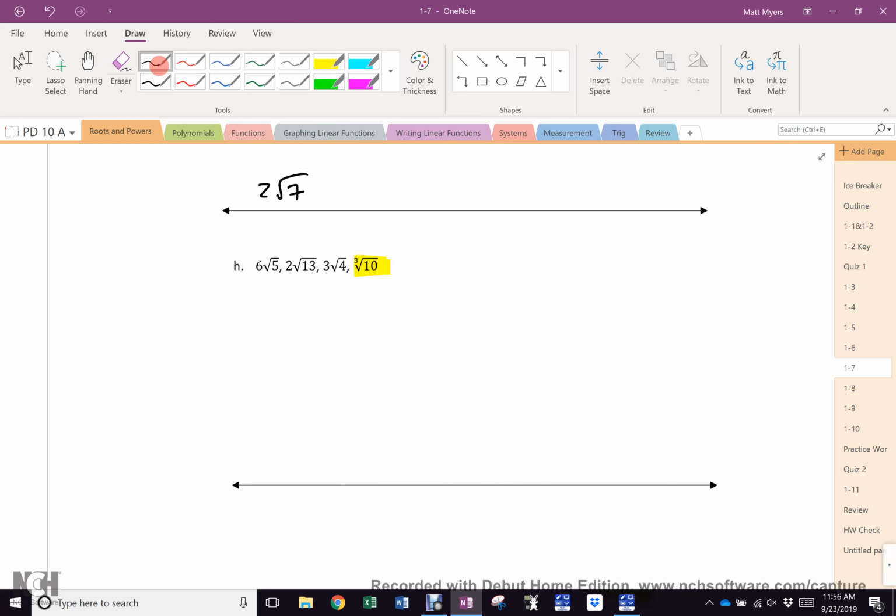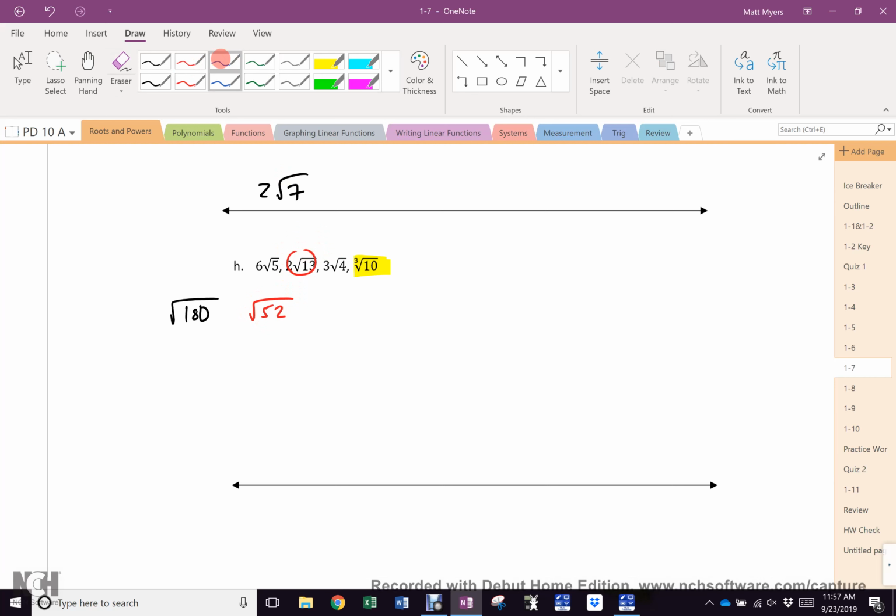So, try what you know. This, you know, is going to be the square root of what? This one, 180. What's this one going to be? Root 52.